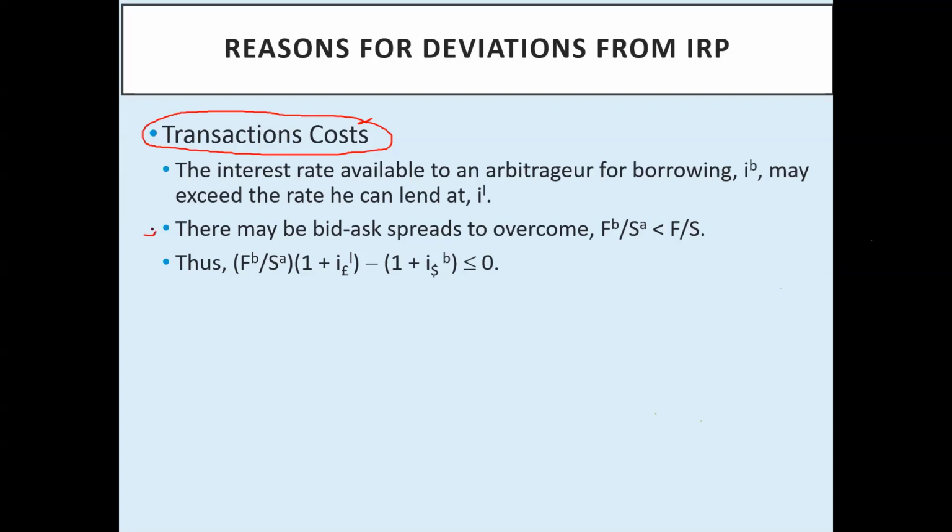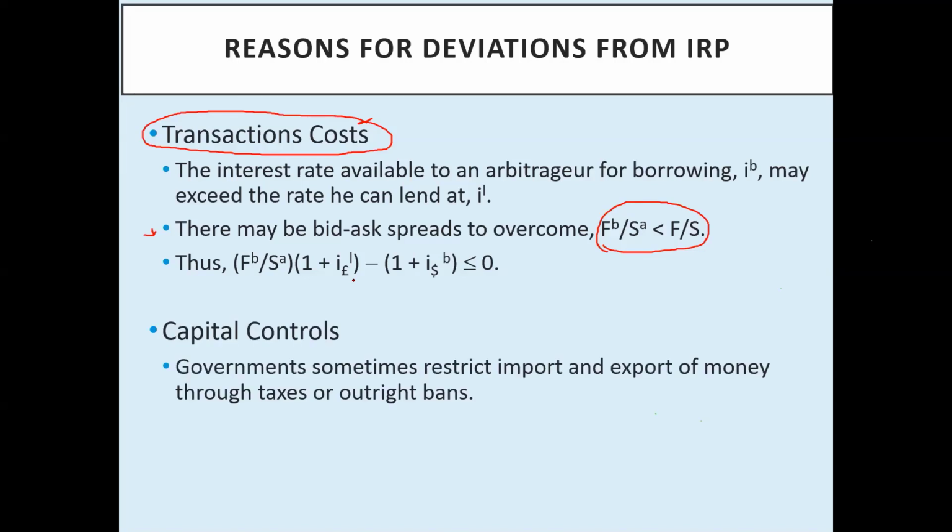In addition to that, there could be bid and ask spreads. As we mentioned before, in the forward and spot exchange rate market, people quote bid and ask rates. So when you take into account the bid and ask spread, your IRP could be a little bit different. The second reason is that for IRP to hold, we need people to arbitrage.